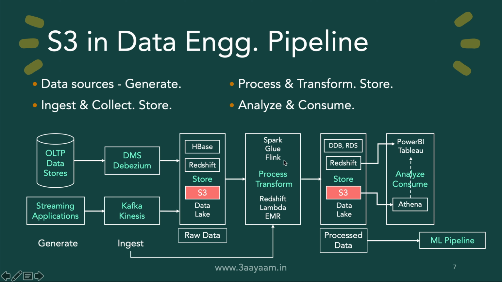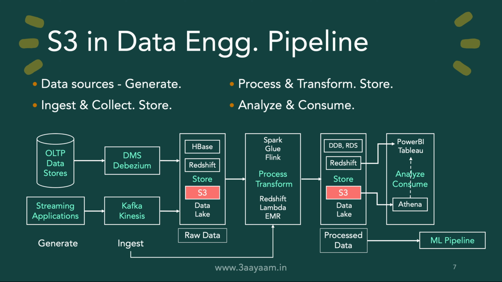Now, a few more things which are not presented in this diagram: we can load data from S3 to Redshift directly using the copy command. We can load data from S3 to Aurora, MySQL and PostgreSQL tables also. We can load data from S3 to DynamoDB tables also.